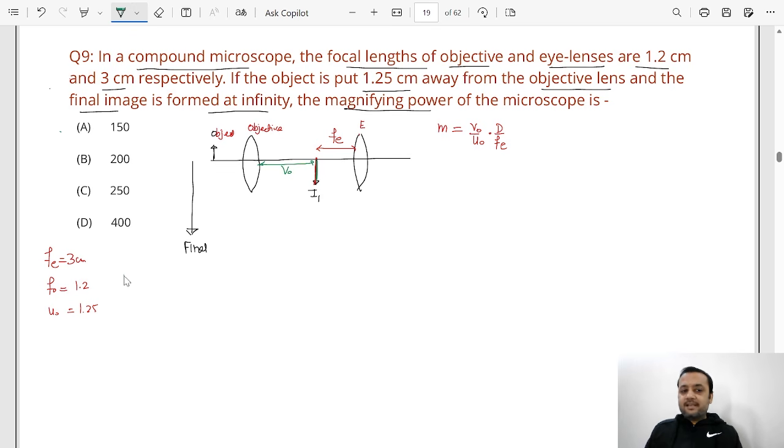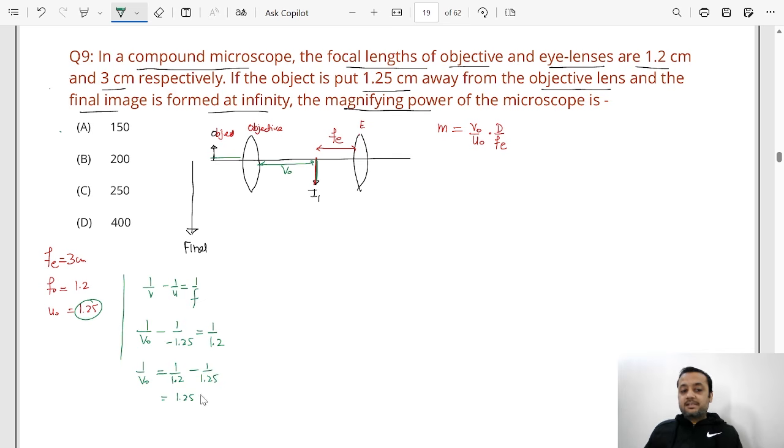So I will apply the lens formula for the objective. Lens formula is 1 by V minus 1 by U is equal to 1 by F. V is Vo and it is positive. U is minus 1.25, and F is Fo, which is 1.2. So from here 1 by Vo will be 1.2 on the RHS, so minus 1.25.